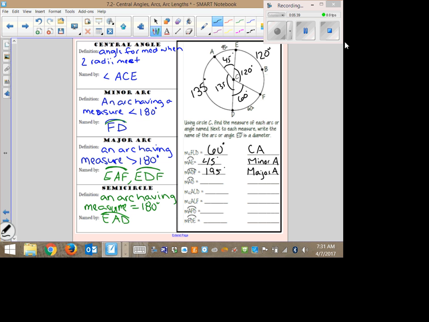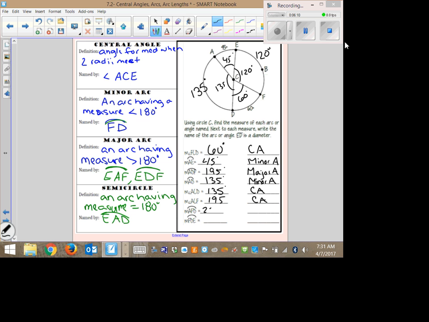Working our way down, the measure of arc AD we said was 135 degrees. Is that a major arc or a minor arc? It only has 2 points and it's less than 180, so it's a minor arc. Then the measure of angle ACD is again 135, because that's the central angle there. Then we get 195, and that's a central angle again.